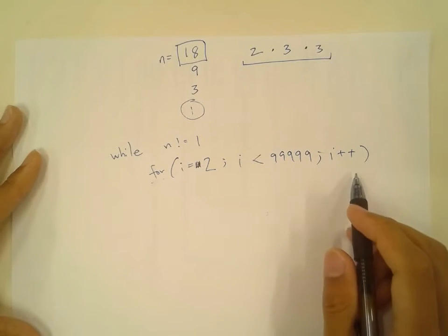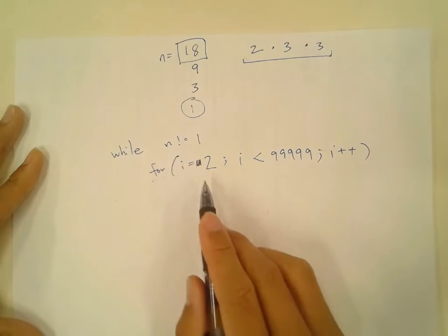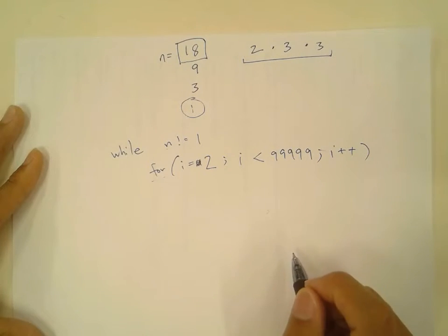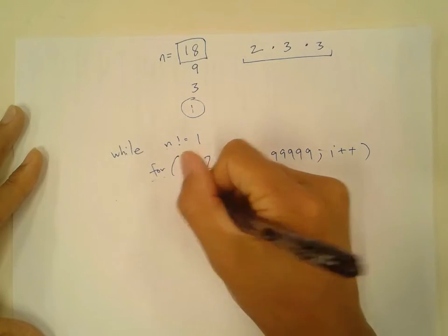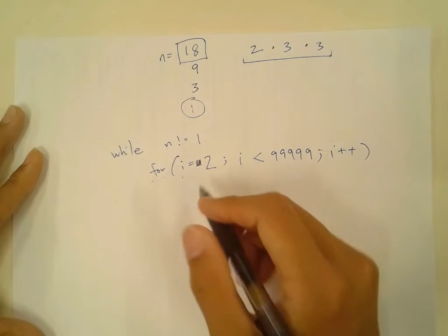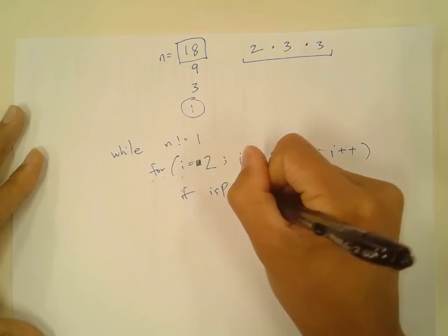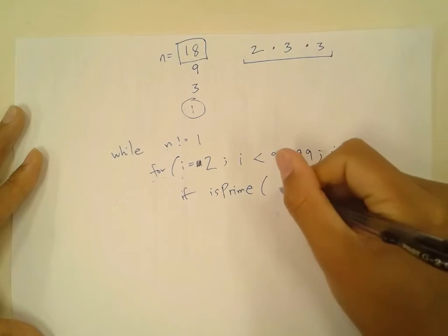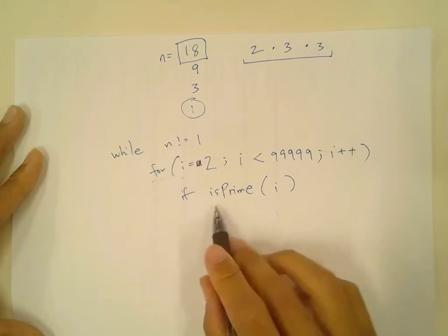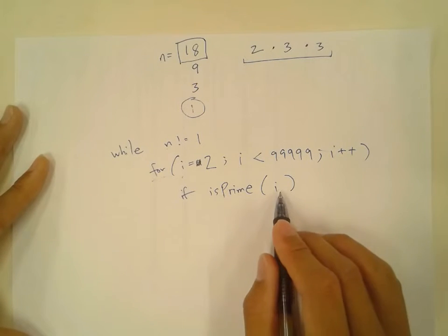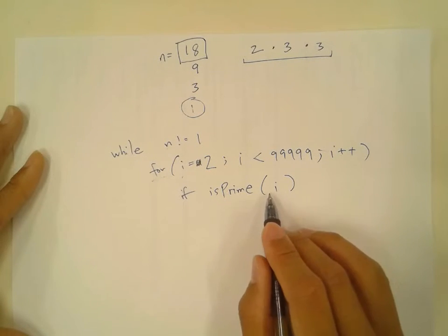And then what are we going to do? So for every n, we're going to check the first prime number that's evenly divisible into n, right? So first of all, we need to check if i is a prime number. So we're going to say if isPrime. This is taking us back to the previous problem that we solved earlier, right? And so this is going to take in a number and return true if i is prime.